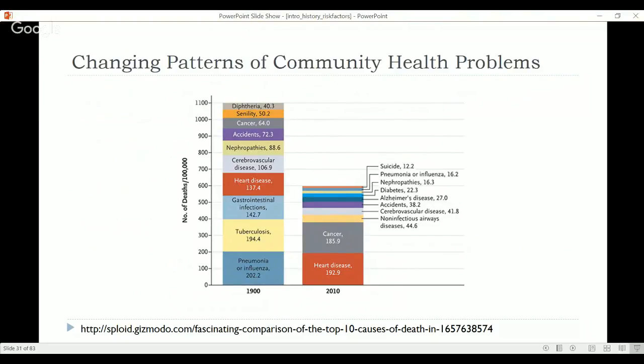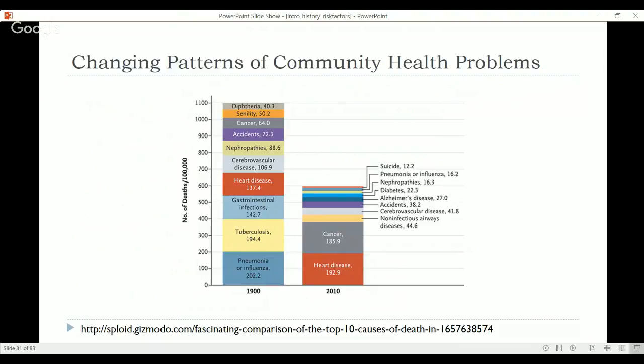Right. So from the 1900s, this is on the left, to 2010 on the right. We've seen a shift from infectious diseases to chronic diseases in terms of mortality. And what's been the major challenge? There was a point in time when scientists thought that infectious diseases would no longer be a cause of death.